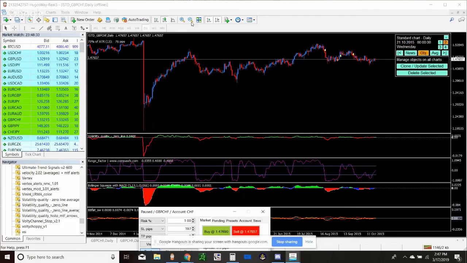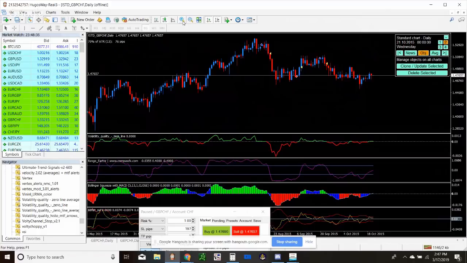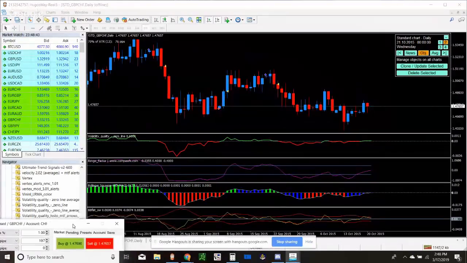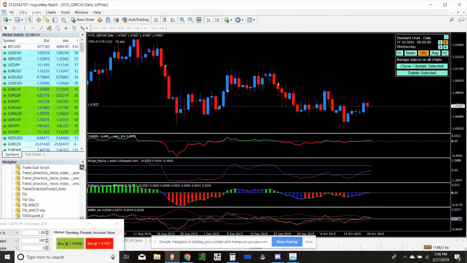Let's see. You want me to zoom in? Is that better? Big red candle. Which one? Max bars on Damiani? Oh, okay.